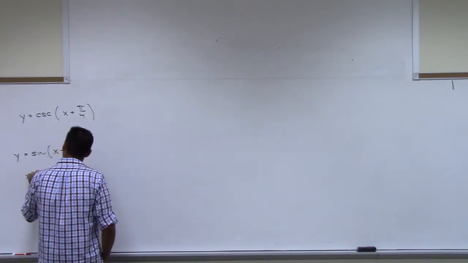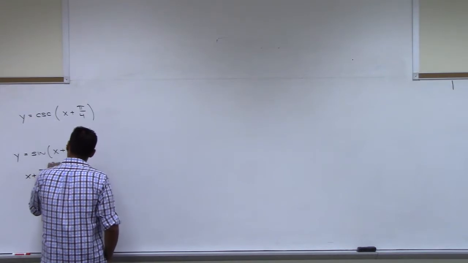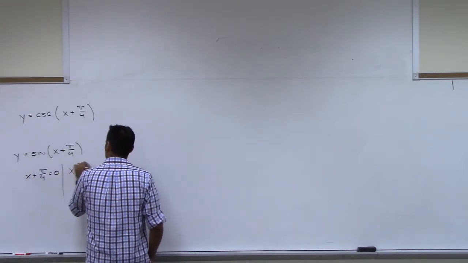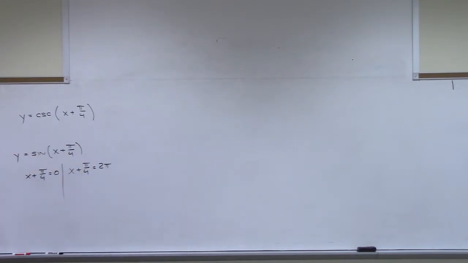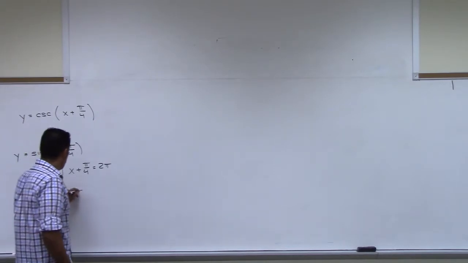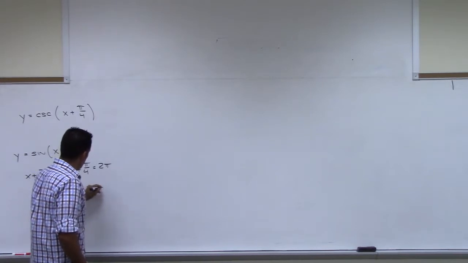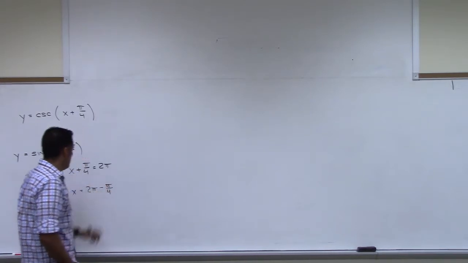x plus pi over 4 equals 0. The other equation, x plus pi over 4 equals 2 pi. And solve these. So x is equal to negative pi over 4. x is equal to 2 pi minus pi over 4.